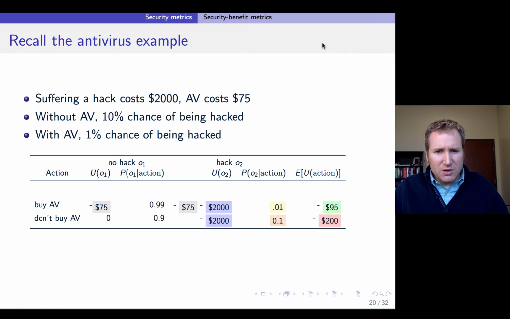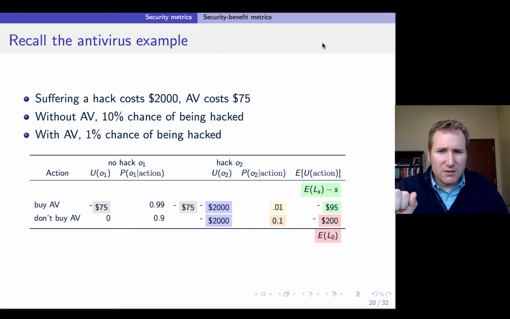But you can also frame that in terms of the variables under Bernoulli loss assumptions. The minus $200 for what you lose for not buying antivirus is your expected loss with no security.